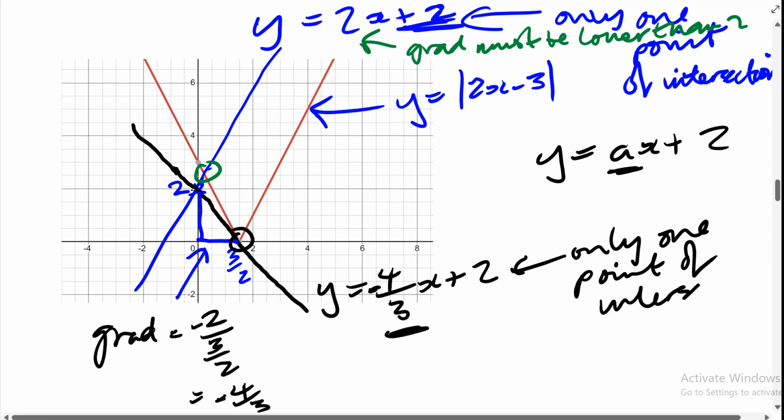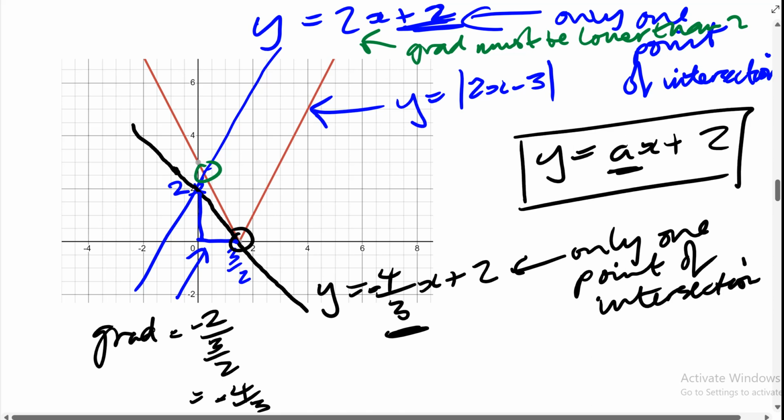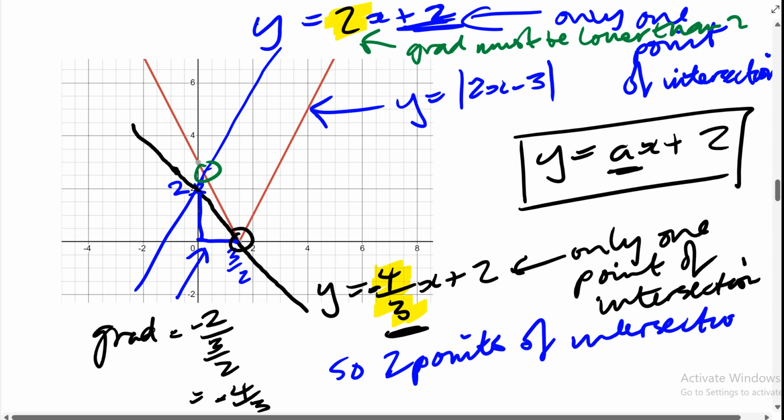Therefore, in order for this graph to meet the red graph at 2 points, it needs to have a gradient between this and this. So let's just write that down. There will be 2 points of intersection when a is between those two values, so -4/3 and +2.